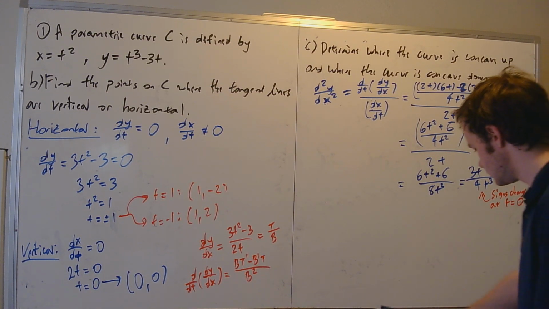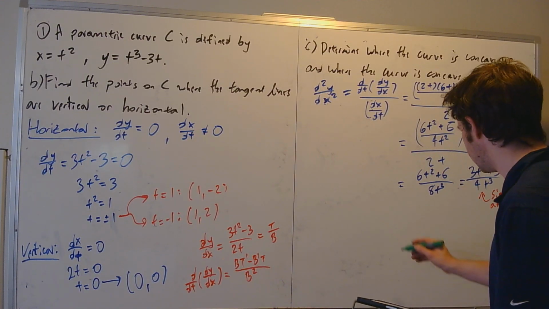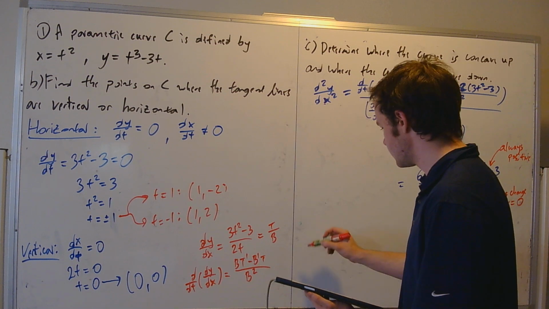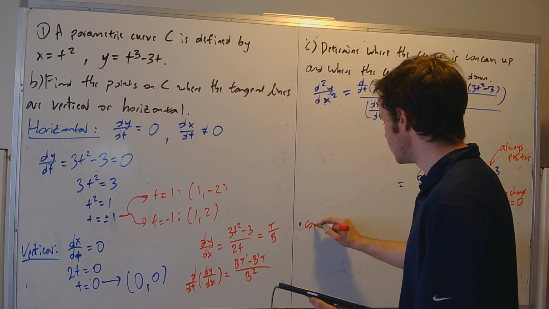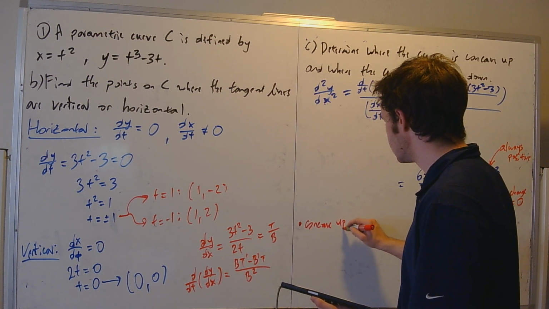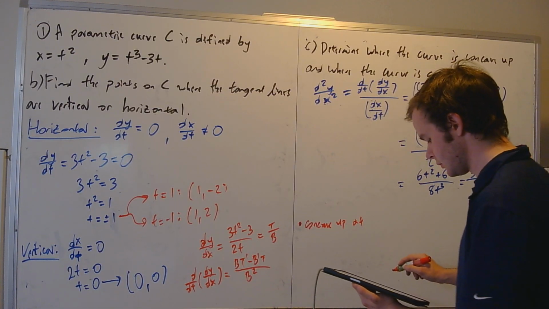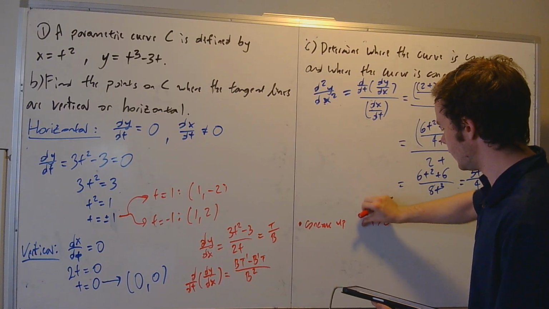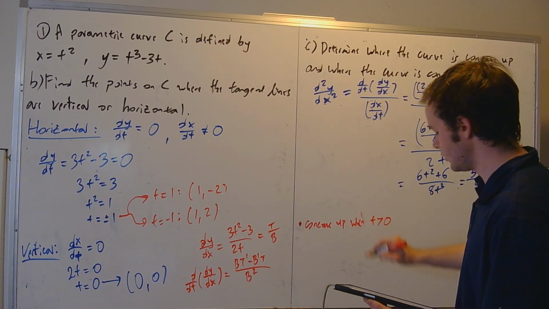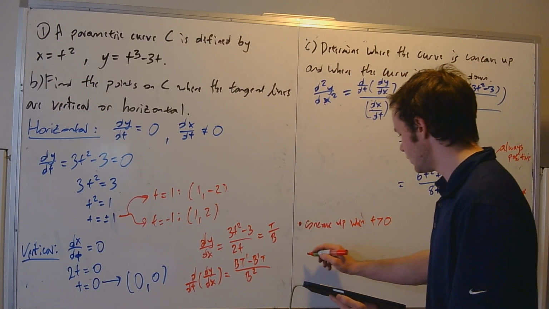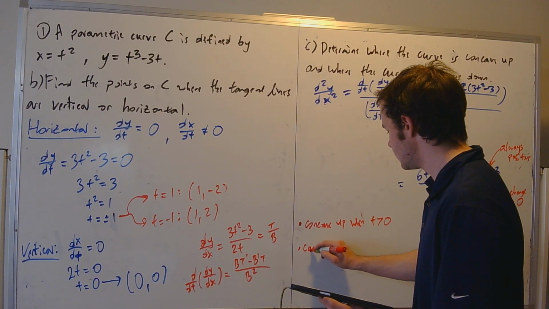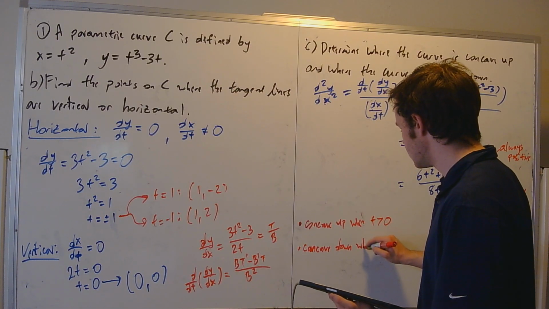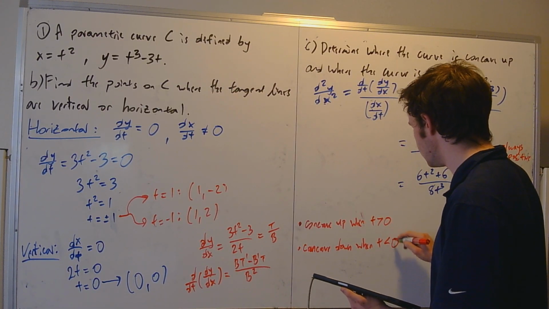So we know that our function is going to be concave up when t is greater than 0, and it's going to be concave down when t is less than 0.